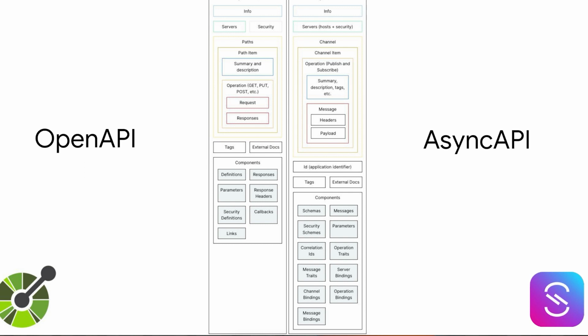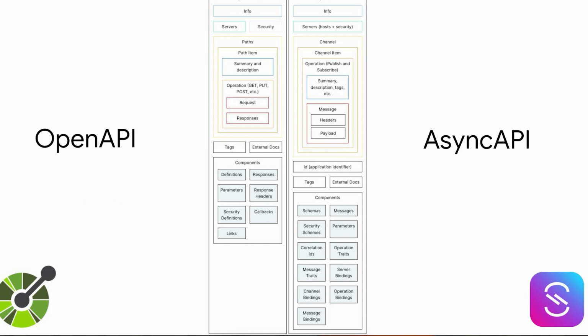Now in AsyncAPI, it's similar kind of concept, but instead of paths, it's channel-based, right? Because in messaging, you send messages to a channel. So that's why you still have a server in both, but instead of paths, you have a channel. And then on channel, the operations that you have, it's only two, the publish operation or the subscribe operation.